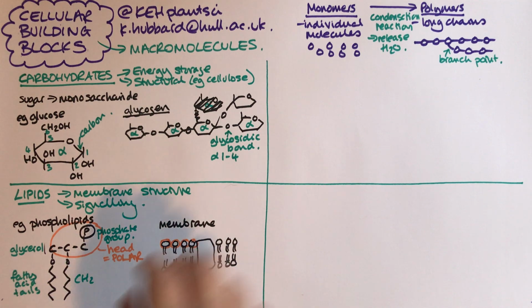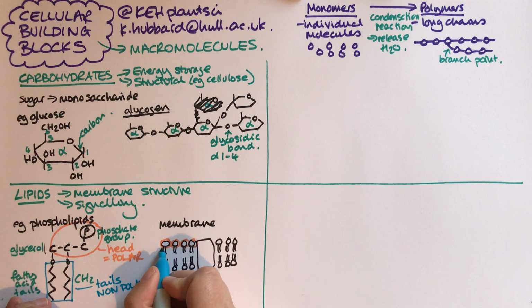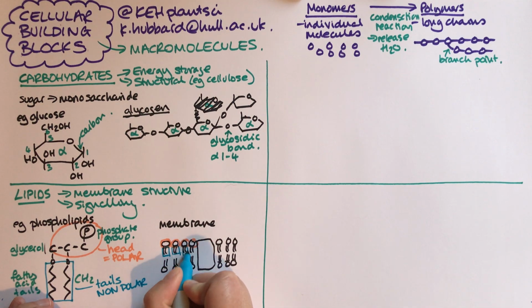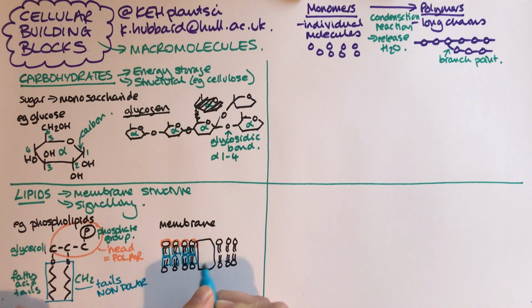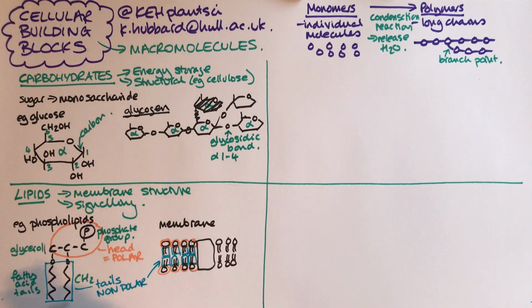Whereas the fatty acid tails down here, okay, so the tails are non-polar, so they will be hydrophobic. Okay, so the non-polar bit is in the middle. Okay, and then we've got, again, those head groups on the outside. Okay.